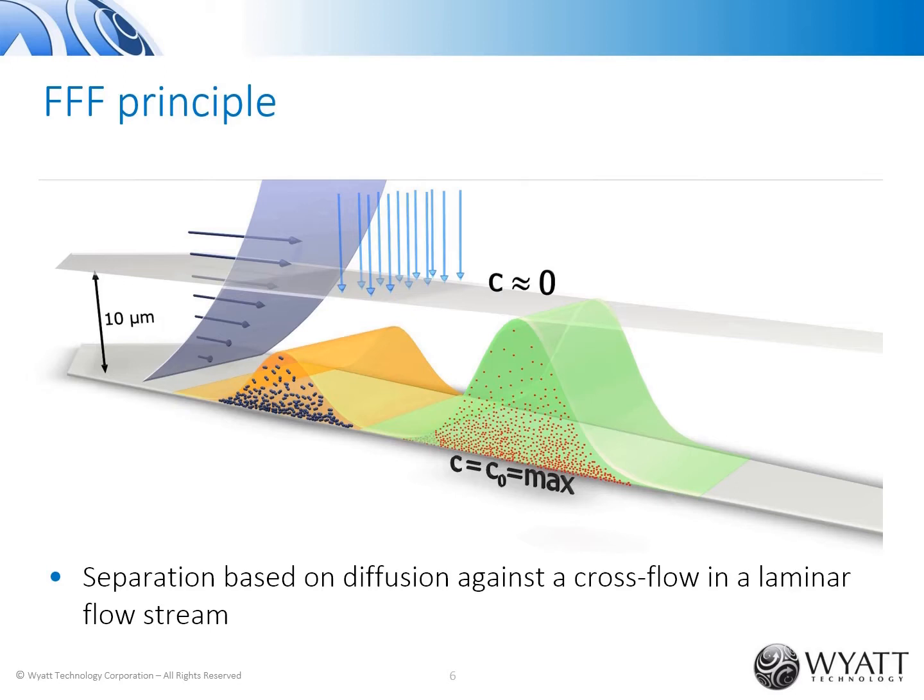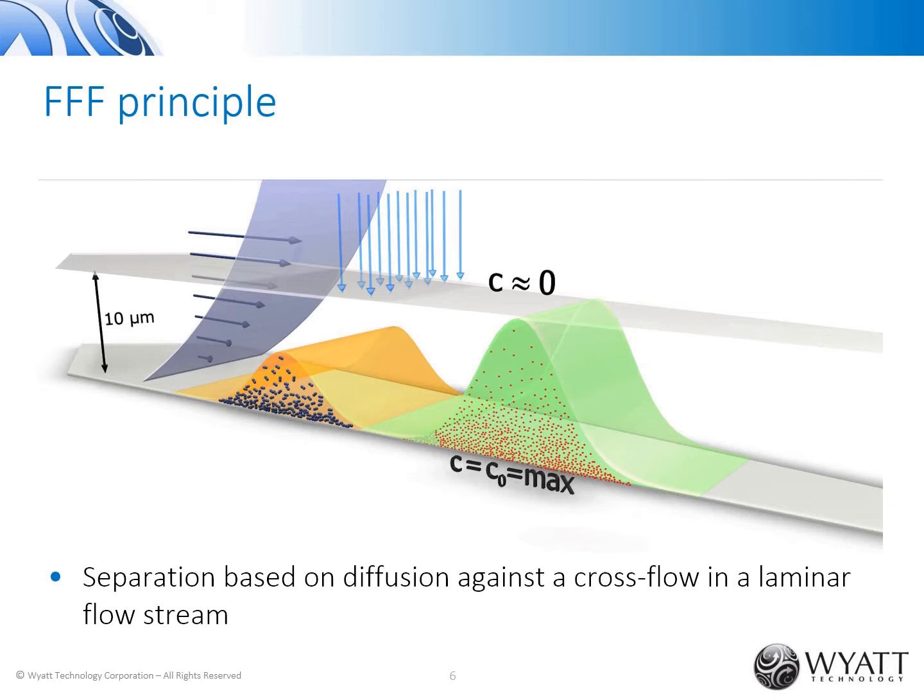In our case, each particle size will have a different average distance from the accumulation wall, which is given by its diffusion coefficient. Smaller particles with higher diffusion will be higher up in the channel, and the other way around, bigger particles will stay closer to the accumulation wall.